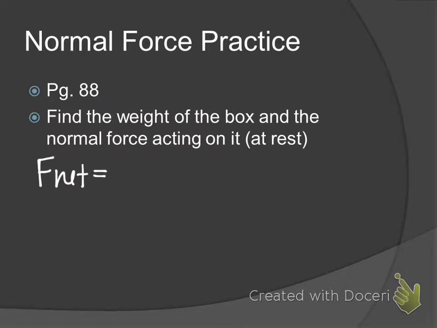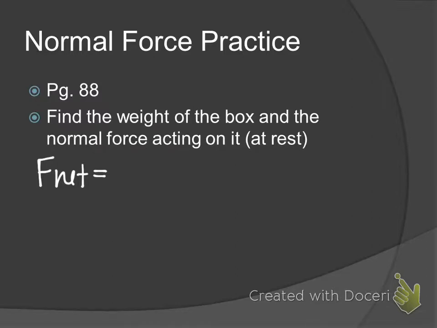Take a look at your diagram. How many forces are acting on that box for the first instance when it's at rest? 2 forces. Are they in the y direction or the x direction? Y. When we calculate net force, remember it's the sum of all forces, so we take our positive forces minus our negative forces.